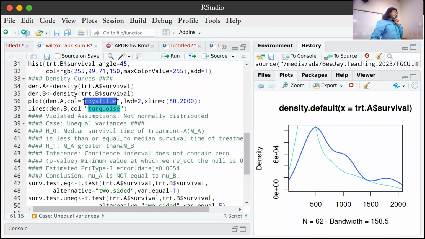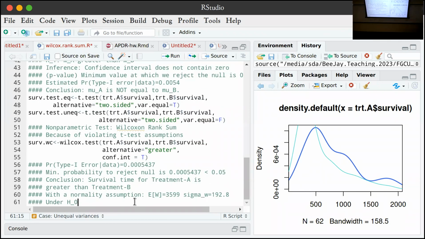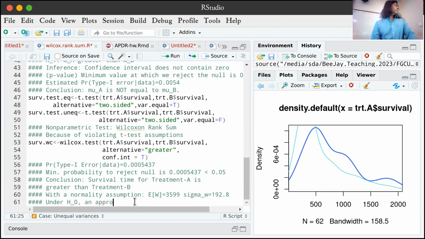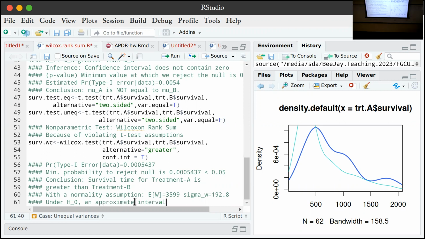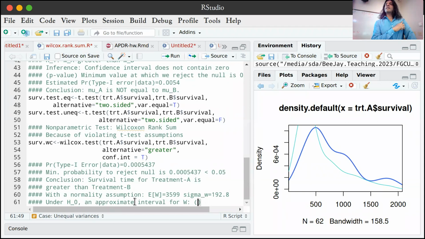Null is median survival time of treatment A is less than or equal to median survival time of treatment B. So under the null, an approximate interval for W is add two standard deviations, subtract two standard deviations.